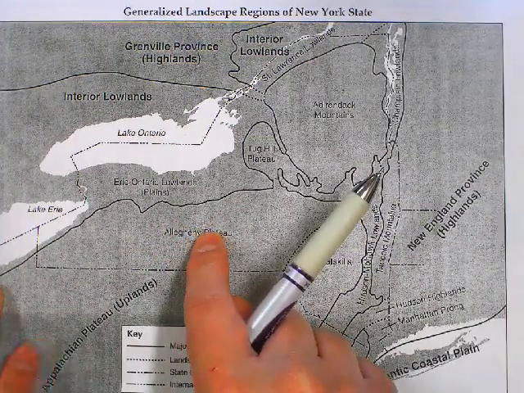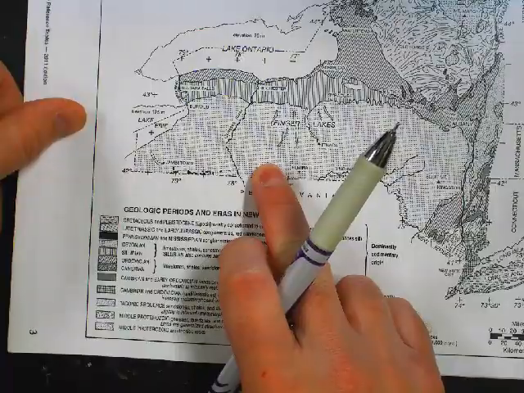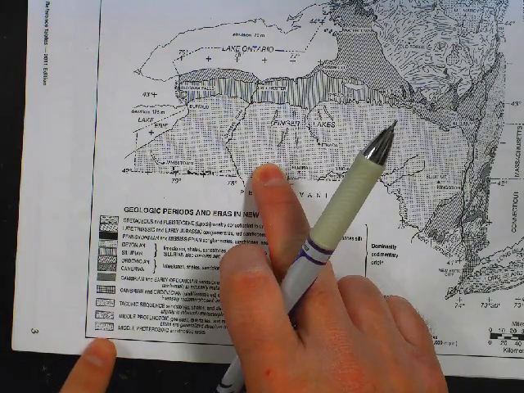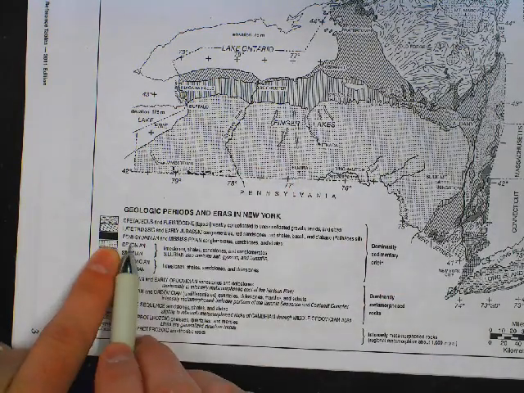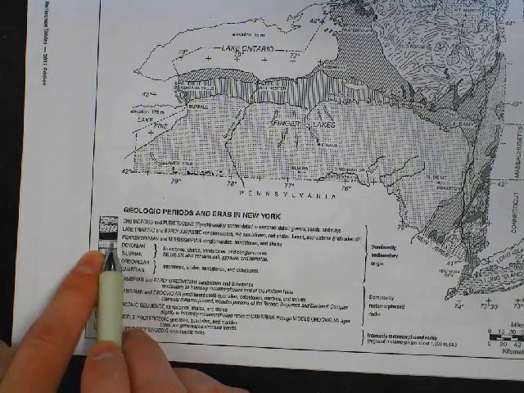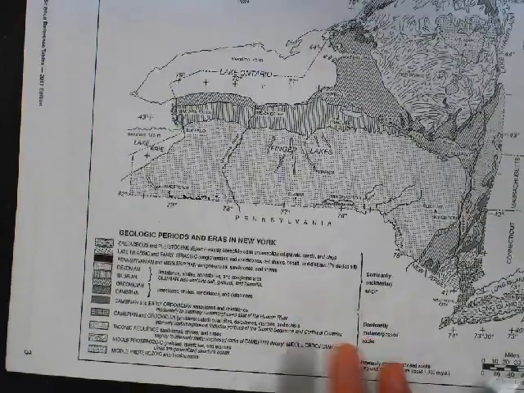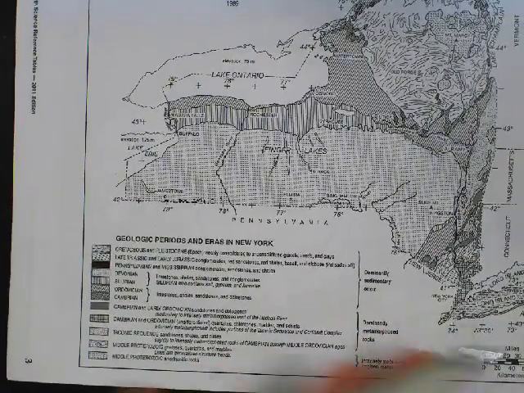What types of rocks make the Allegheny Plateau? It's this symbol here, which is this symbol there. These Devonian rocks. So if I wanted a Devonian fossil, that's where I would go. Okay, so everything is kind of tied together, and you can go back and forth between the charts and hopefully make some sense of them.